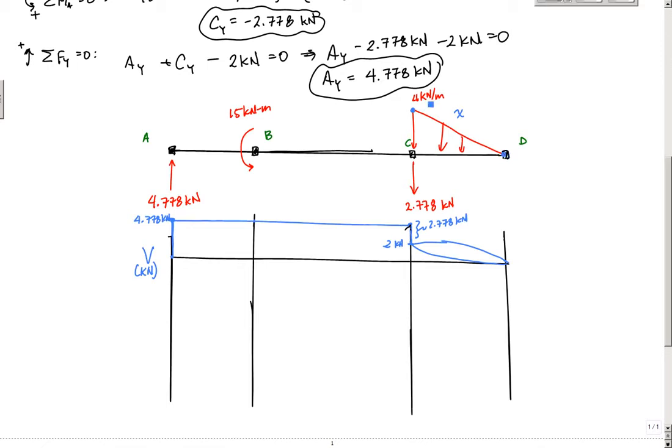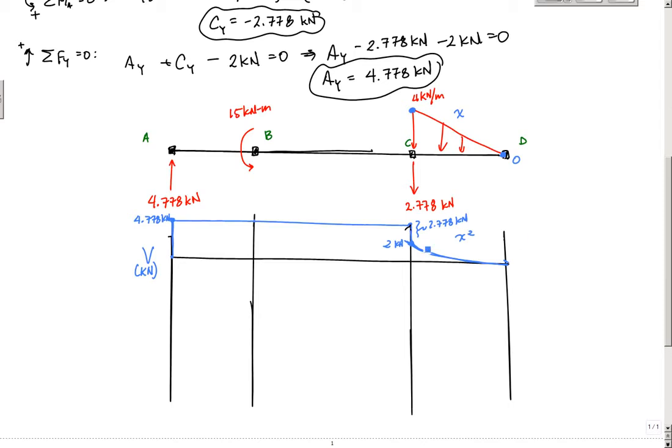The value of the distributed load is the slope of the shear diagram, and here it is 4 kilonewtons per meter at that point. So I should have a slope of negative 4, which means the bottom curve is the way the parabola should go. Then down here, the distributed load is 0, so I should be horizontal, and this should be an x squared right here.